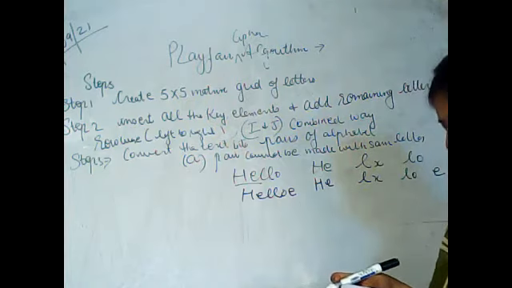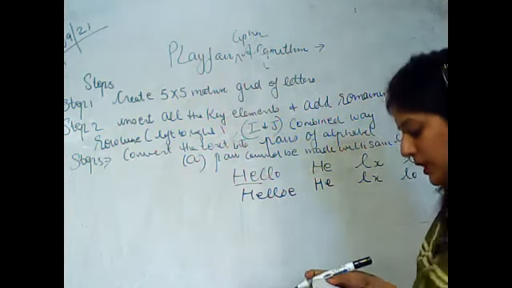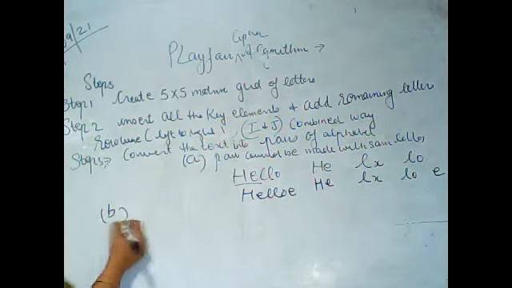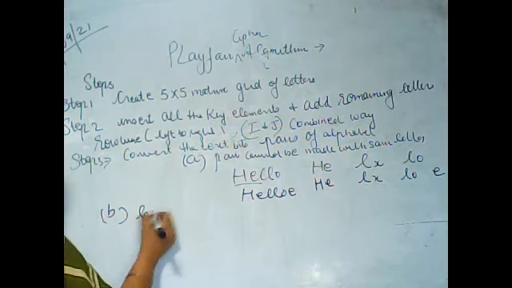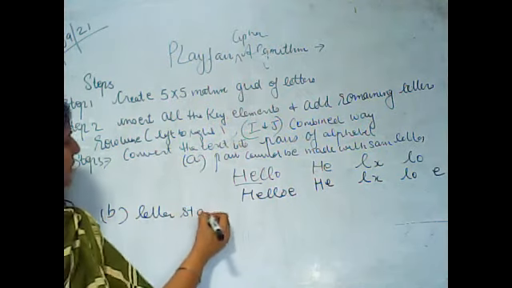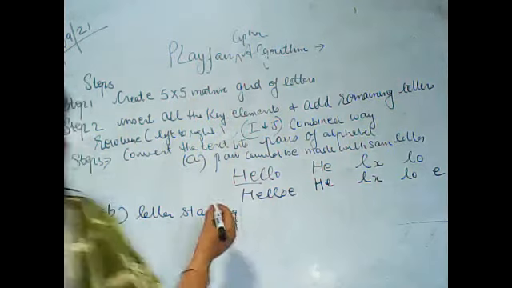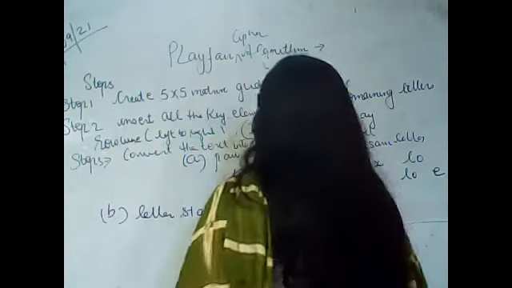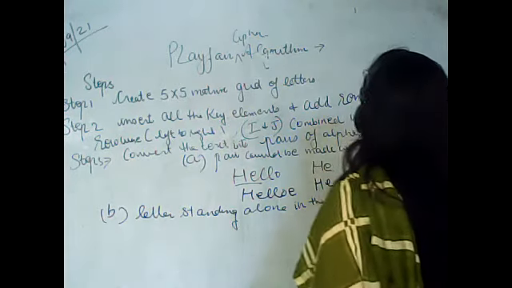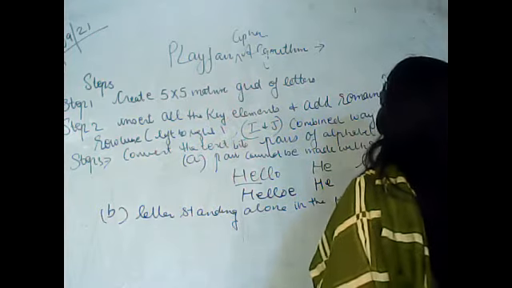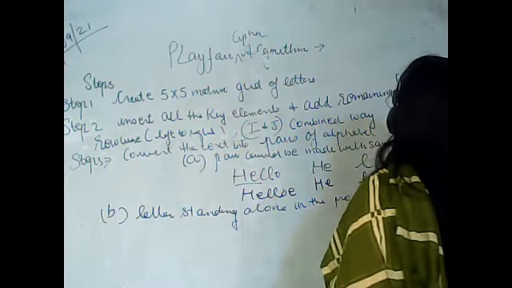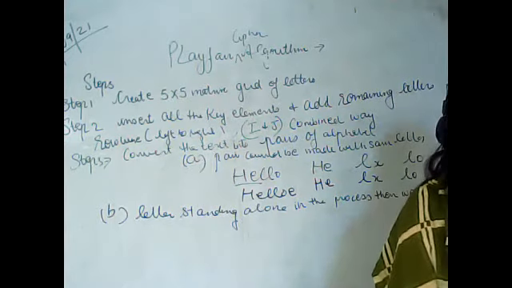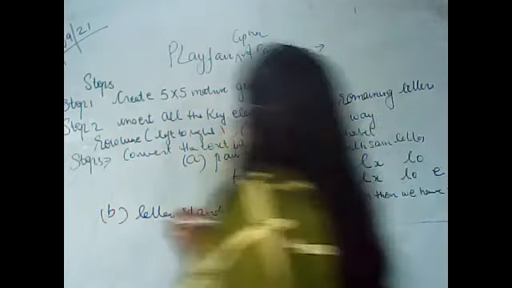Second rule says that if a letter is standing alone in the process, then we have to add Z to it.